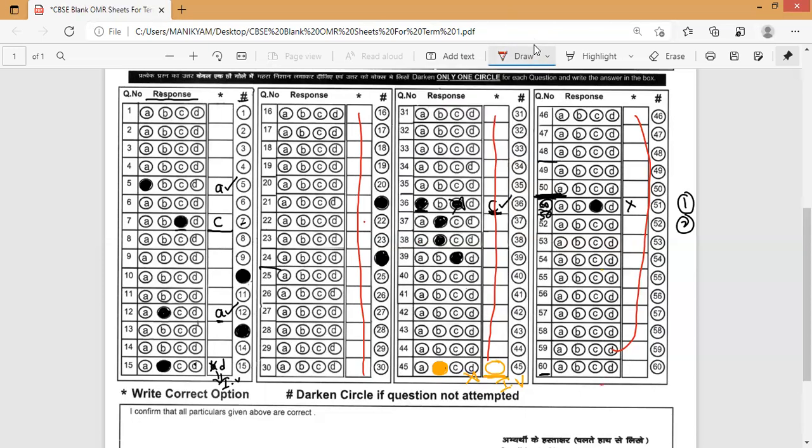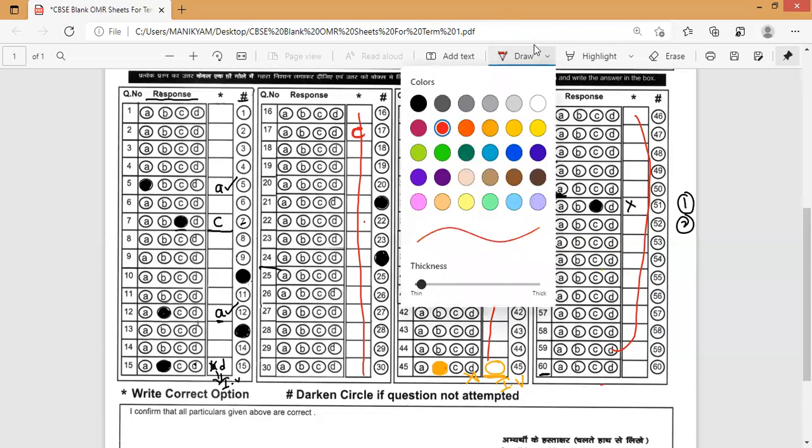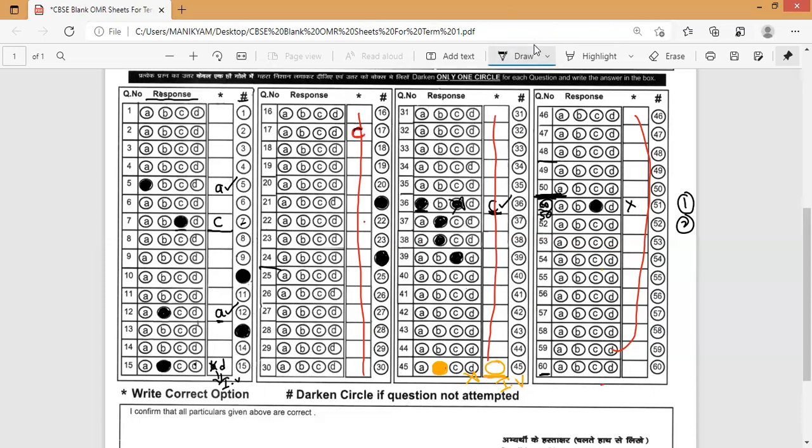Now, next one. Very important. For example, let me take the 17th question. I know option C is correct, but I forgot to bubble the response, and I have written option C in the final column. Then it will be evaluated and corrected. If option C is correct, then it is a valid question, and the mark will be allotted.